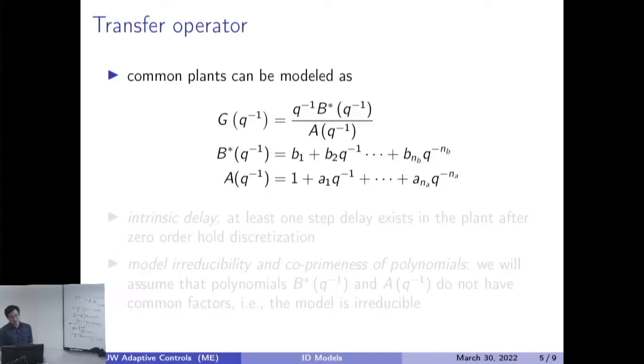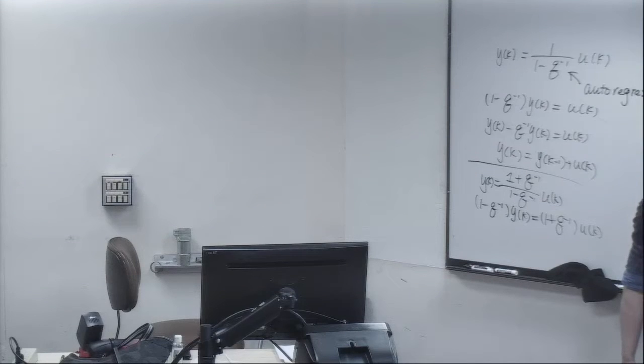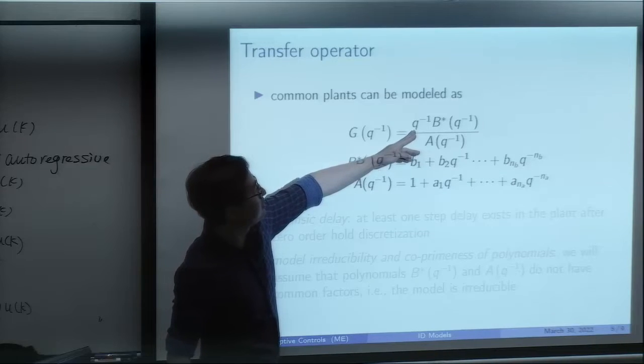The most common mechanical systems controlled by a digital controller can be written in this way. It has numerators and denominators, and usually we can pull out one backward shift operation in the numerator.